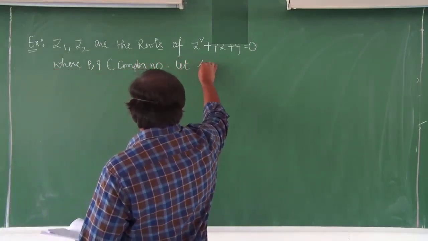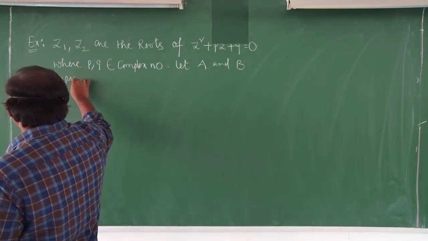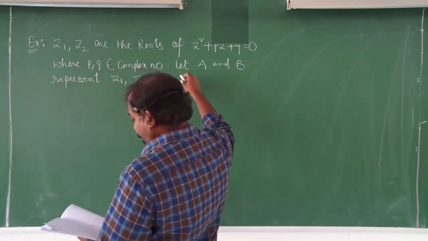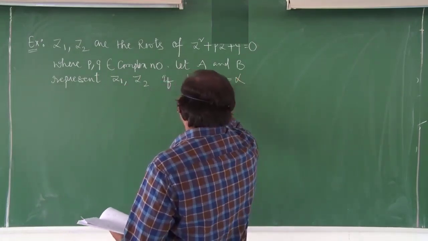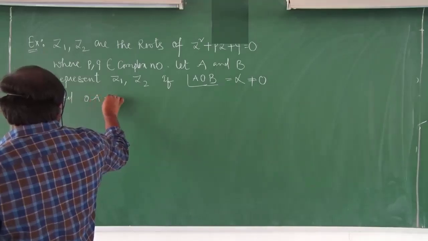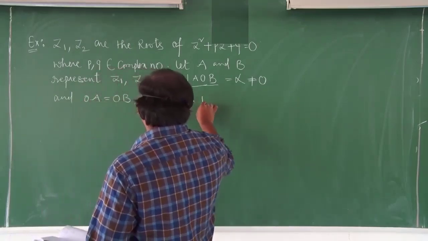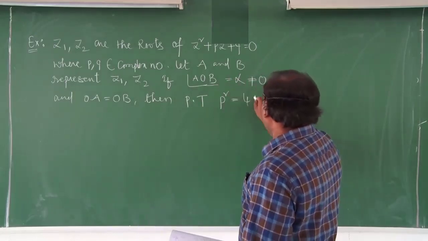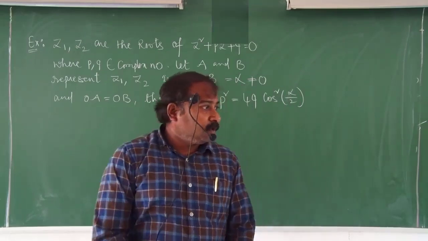Let A and B represent Z1, Z2. If angle AOB equals alpha, which is not equal to 0, and OA equals OB, then prove that p square equals 4q into cos square alpha by 2. This is the problem.